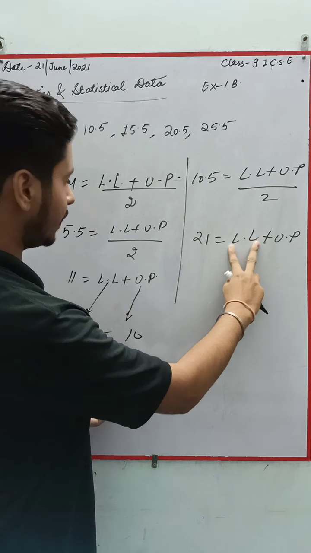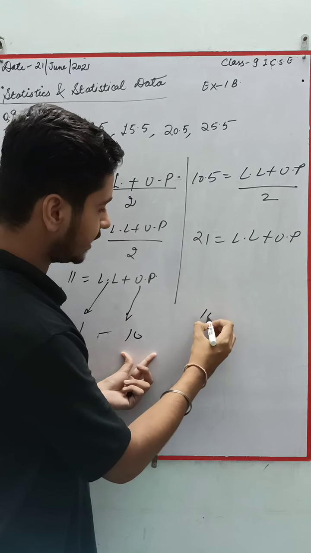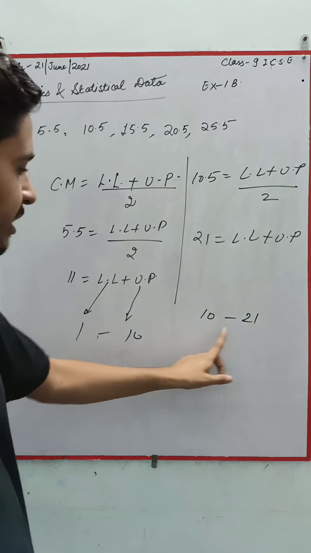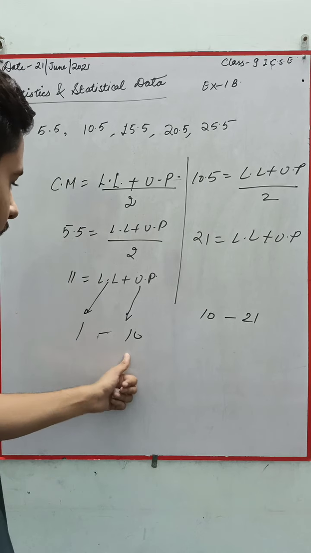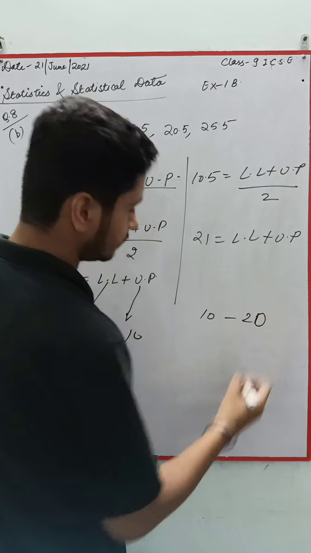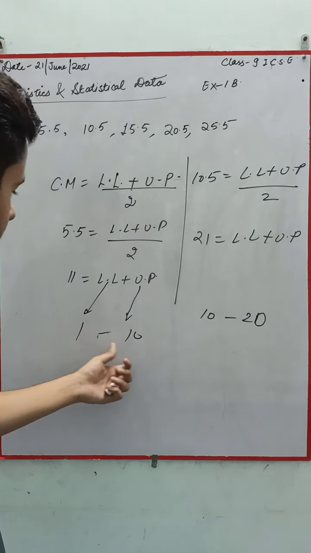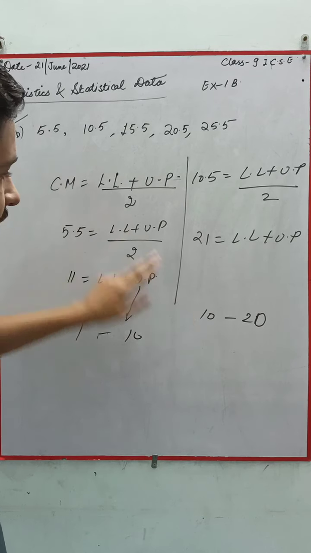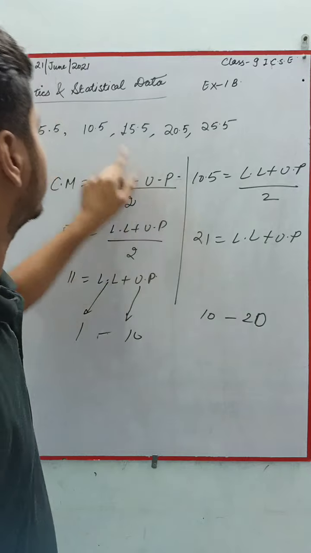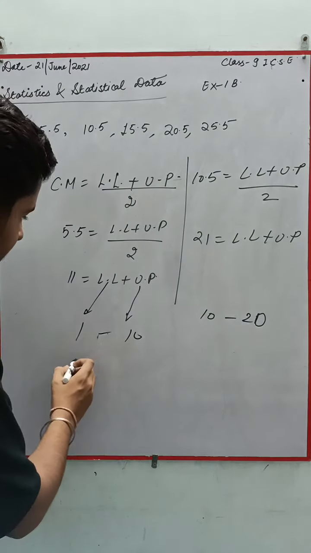The lower limit is the upper limit of the preceding class, so the next interval is 10 to 20. But 10 plus 20 is 30, divided by 2 is 15, and this is not satisfying. So let us go to the next interval.